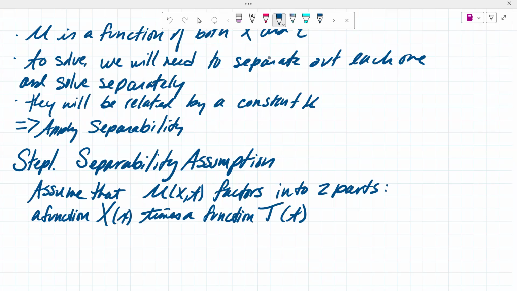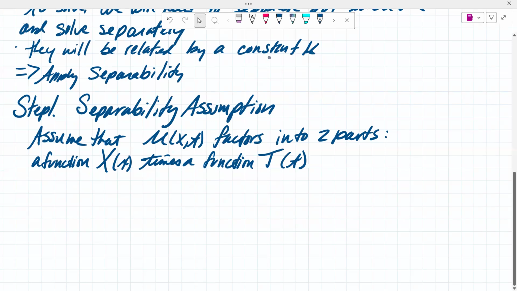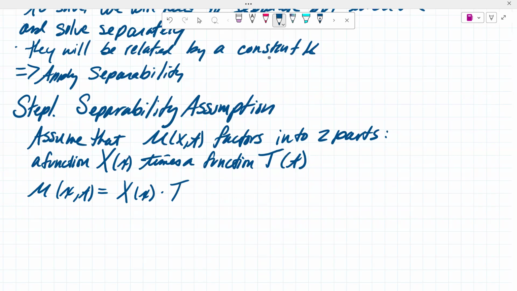What this basically means is we have some function, named capital X, that is a function of the position information, the little x, times some function T, which is our time function, a function of the actual t variable. If that were true, then we could write u of x and t, the original function that tells about the displacement, equals some function X of x times some function T of t. That's the separability assumption.